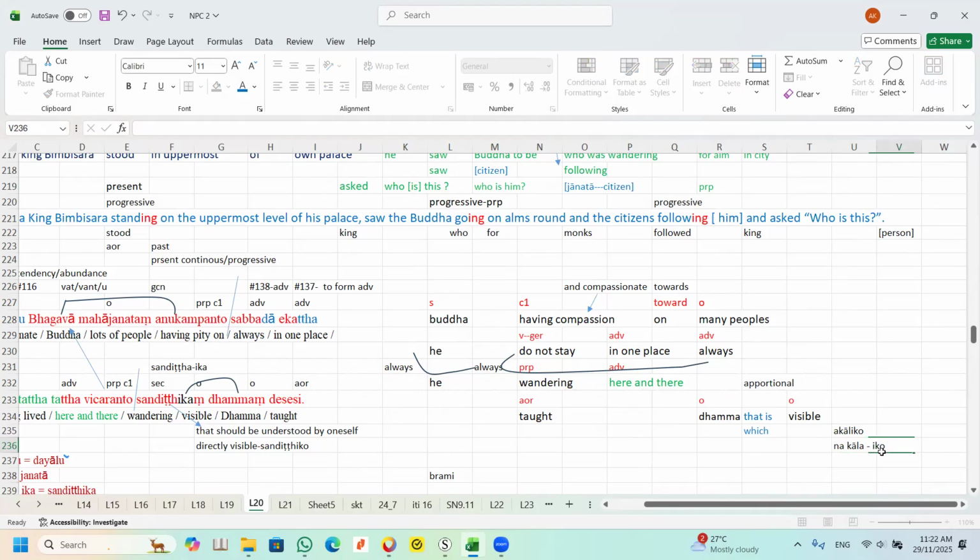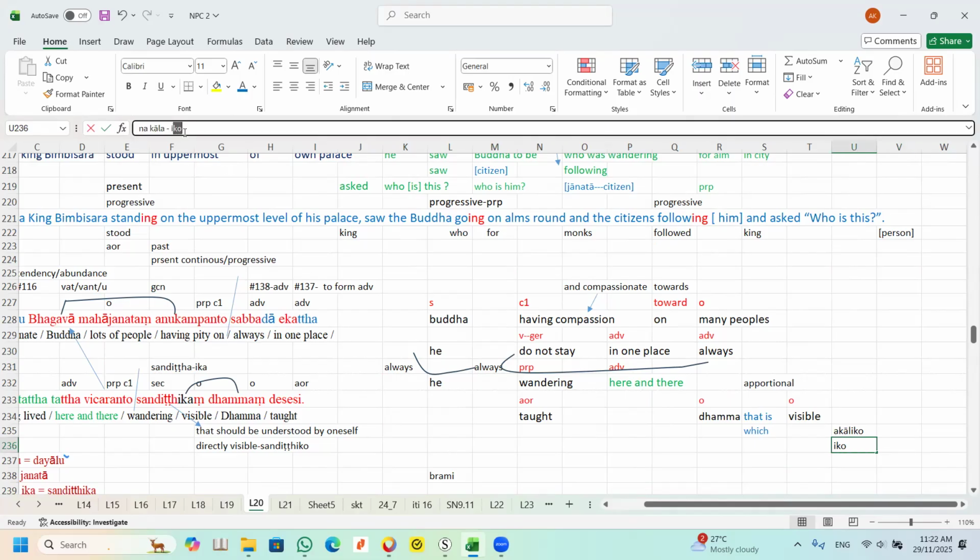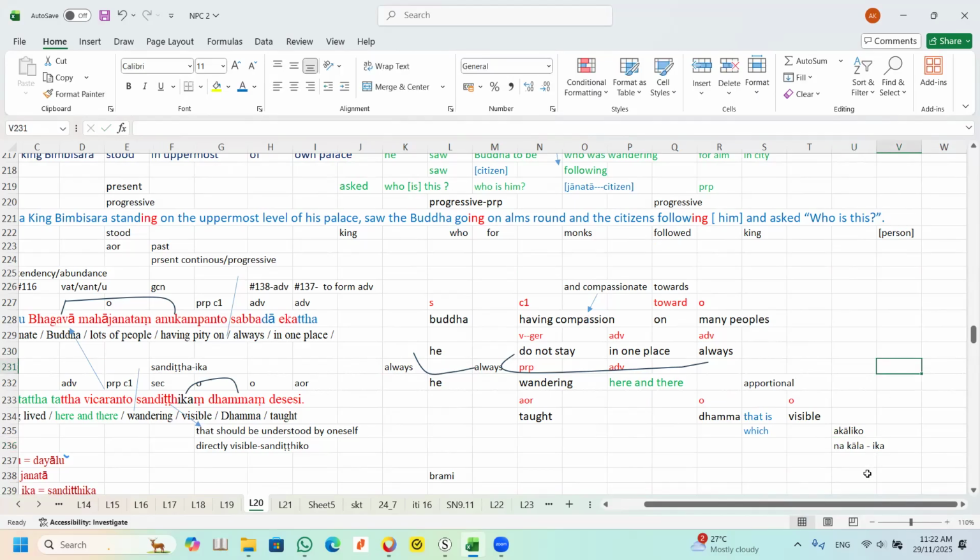This is secondary derivative. But ika, this is the one we are talking about. Ika is added. Secondary derivative. Okay. You take na kala. What do you mean by nakala? No time. So no time is timeless.